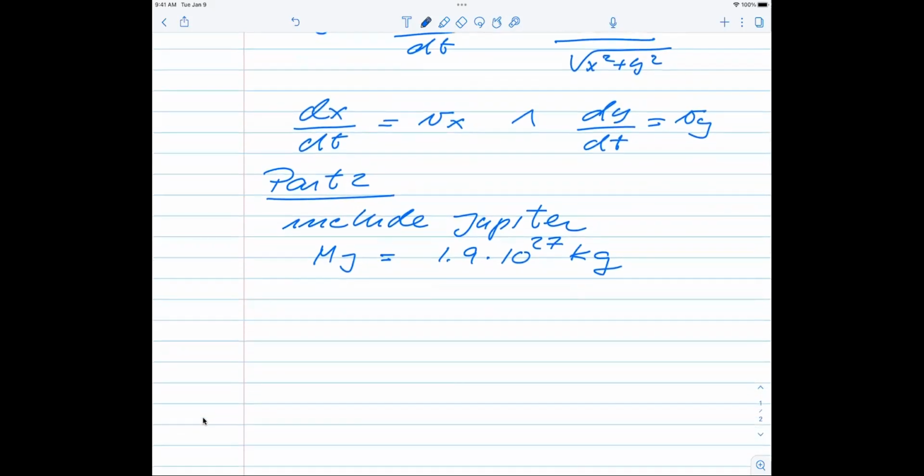Now, when we look at the equations, what we need is a force between Earth and Jupiter. But obviously, the Earth also sees a force from the sun, and Jupiter also sees a force acting from the sun. So we need a force between Earth and Jupiter. So we need to add that one.